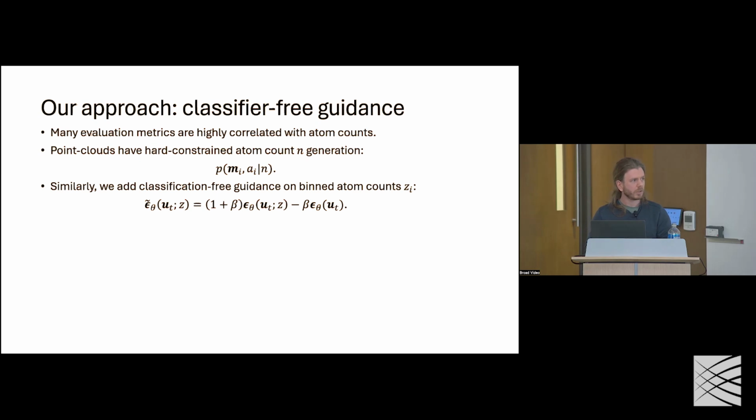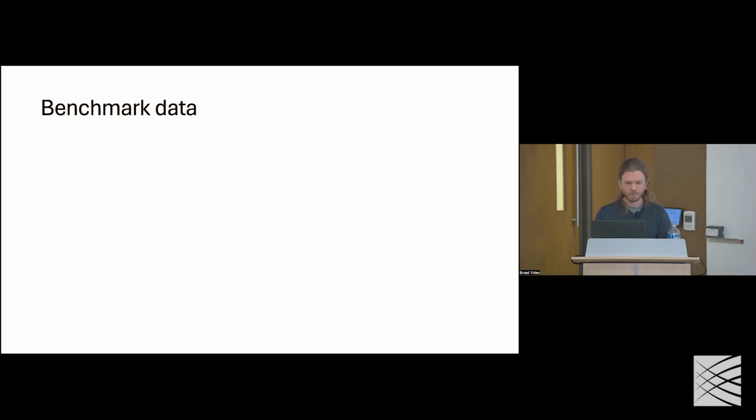And we define specifically some variable z, which are binned atom counts, where each bin contains roughly the same number of molecules in the dataset. And these bins resemble the rough number of atoms that should be generated, and the beta controls the guidance amount that we require. So how much do we want the generated fields to adhere to the correct number of atoms that we condition on can be specified by the parameter beta.